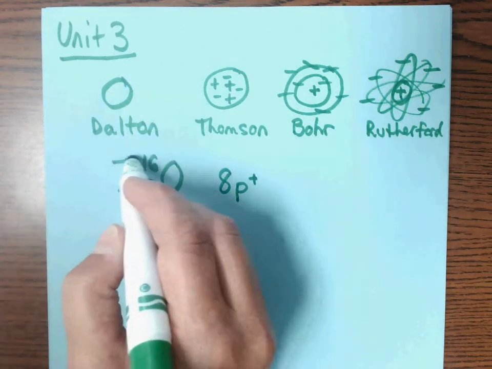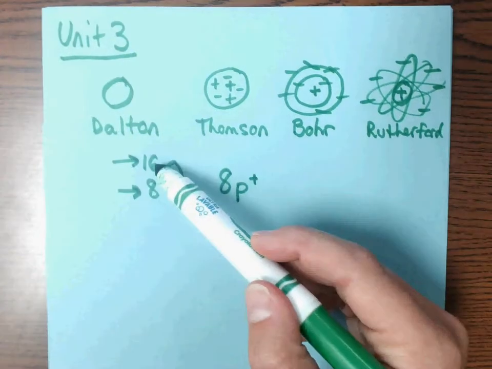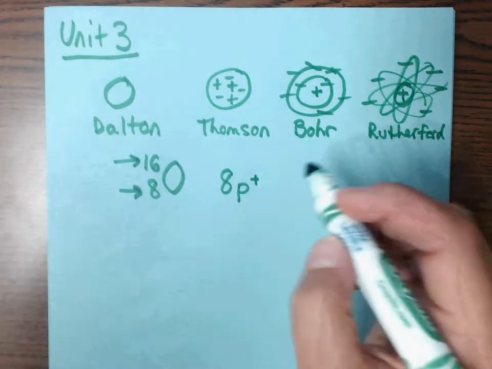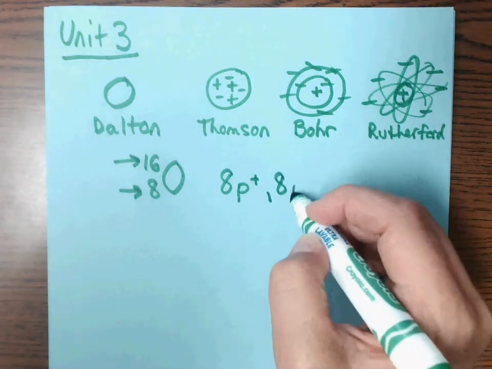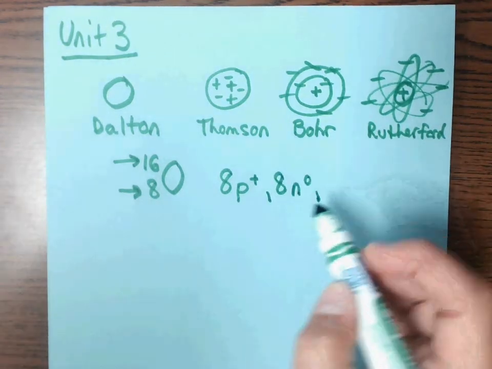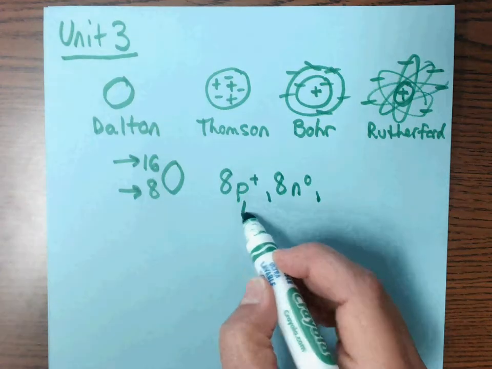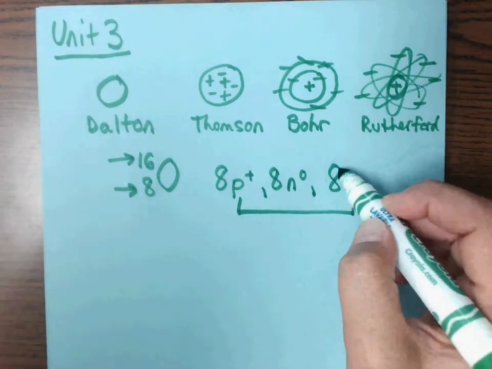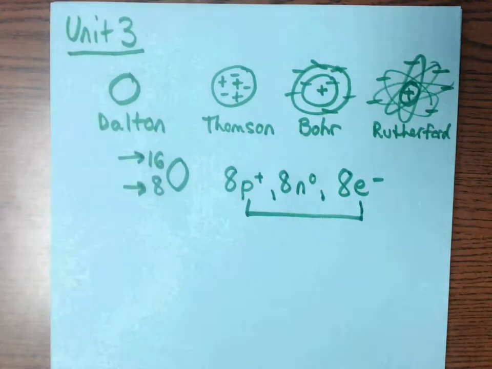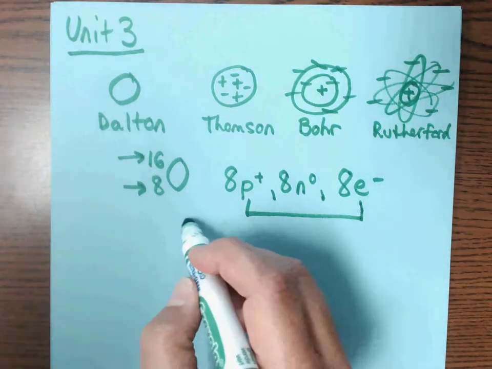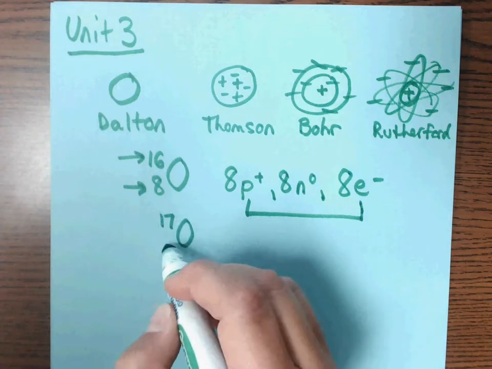This top number tells you the mass, and the mass minus the atomic number tells you how many neutrons. Also remember, if an atom is neutral, the number of protons and electrons would be the same, so this would be 8 electrons.